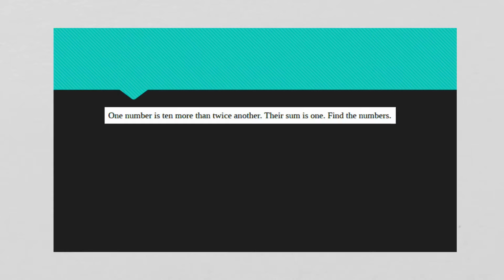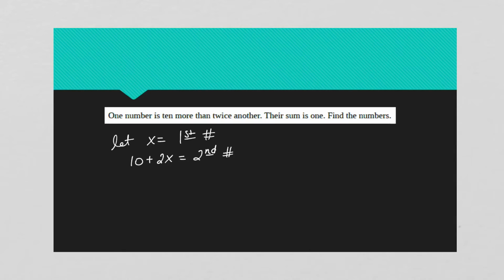So I am going to let x equal my first number. It says here that one number is 10 more than twice another. So there's my second number, 2x plus 10.